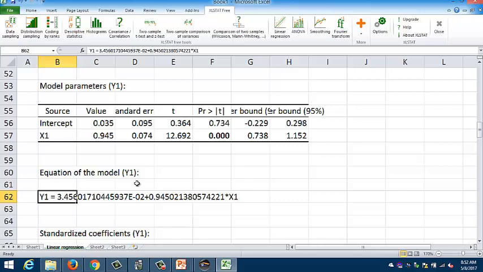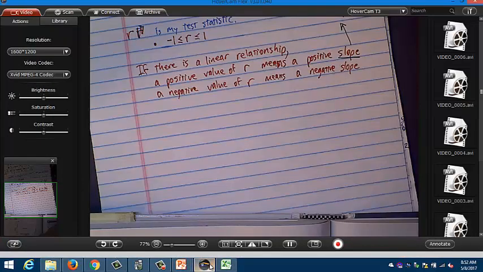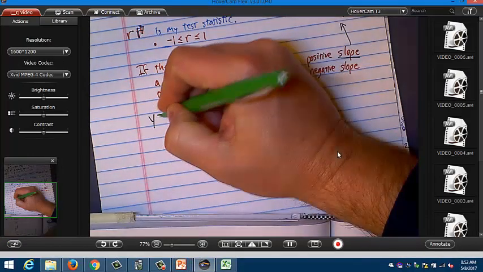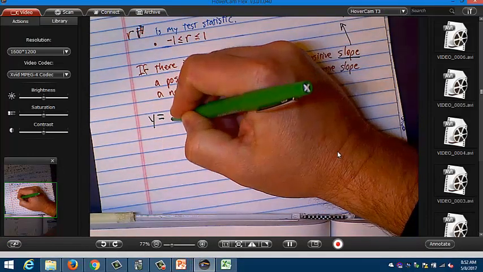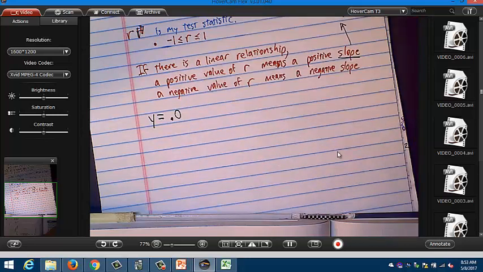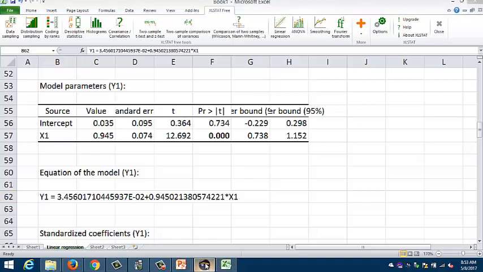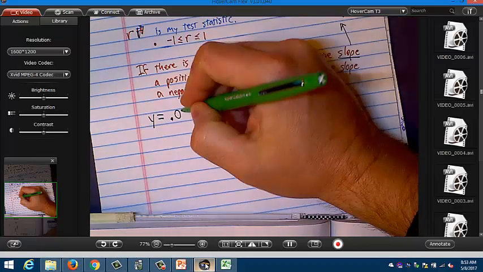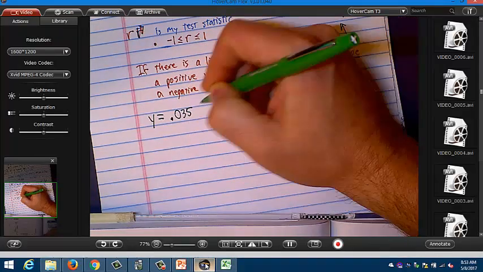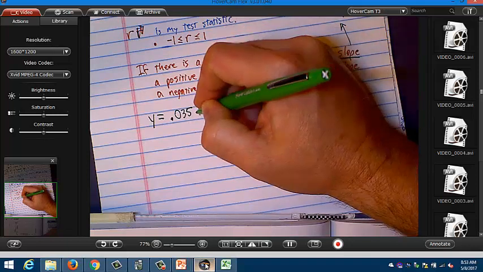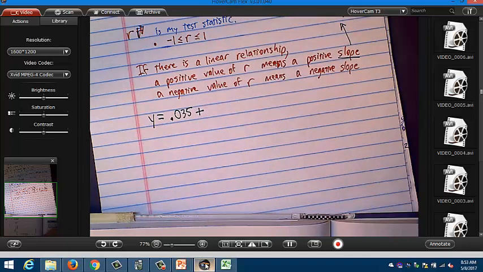If I can read that carefully and write it down carefully, I have y equals 0.0, it says e negative 2, 345. So 0.035, I'll say, because I'll round, plus what?